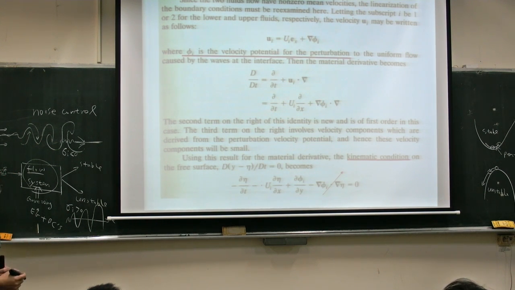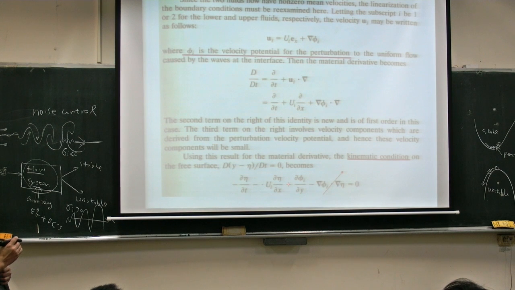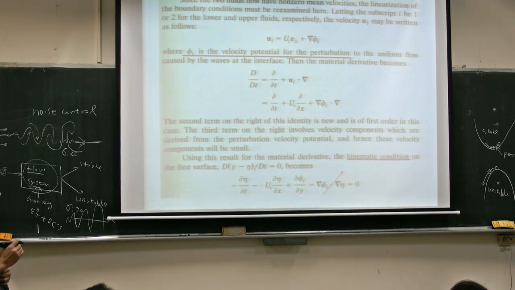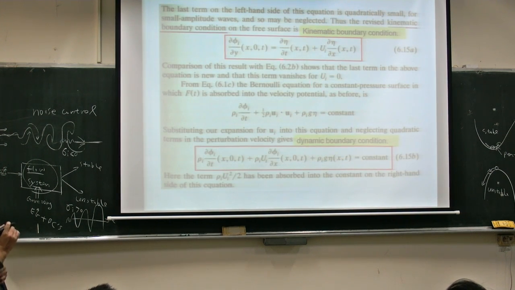When a small number is multiplied by another small number, it becomes a second order term, even smaller, so we can neglect the second order term here. Our kinematic boundary condition reduces to this: partial phi i partial y is equal to partial eta partial t plus Ui partial eta partial x, as represented here.